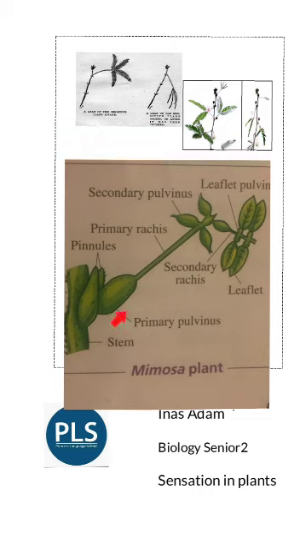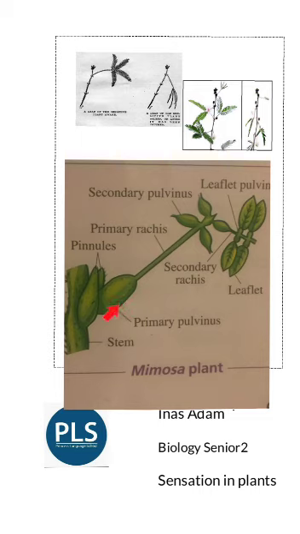Now, dear students, let's study the explanation of the responsiveness of the mimosa plant to touch and darkness. As we have mentioned, the pulvinus which exists at the end of primary rachises, secondary rachises, and leaflets acts as a joint. During touch or during darkness, the lower part of the pulvinus is more sensitive than the upper part.